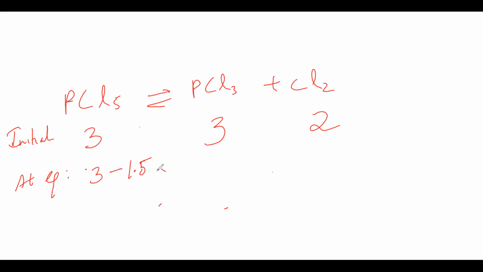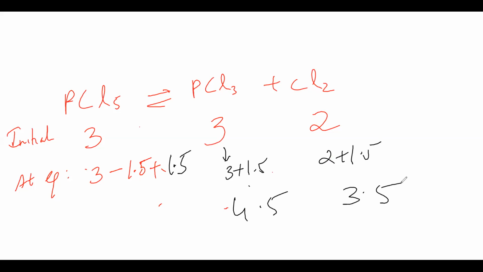So the remaining is 1.5, and you just add that to the products: 3 plus 1.5, 2 plus 1.5. So the answer is 4.5 for PCl3, and chlorine is 3.5. What they ask in the question is how many moles of PCl3 remain. That is 4.5. That's it. Simple thing. We need not do any complex formula.